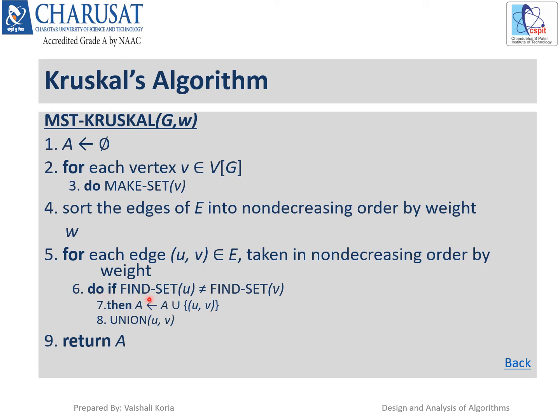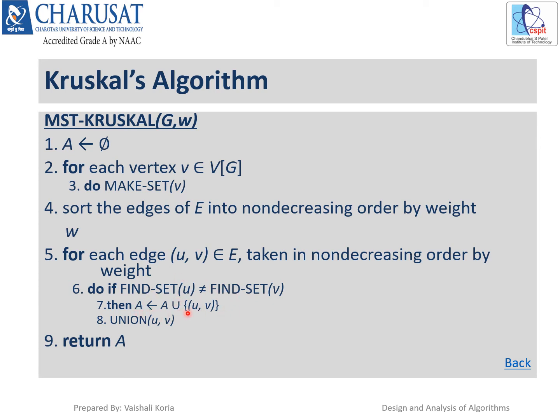Now in the fifth step, for each edge UV which belongs to the set of edges of graph G, taken in non-decreasing order by weight, we have to find the set of U and V. So we will call the condition find set of U and find set of V. If both are from the same set, then that particular edge UV will not be added to the solution set, because it will create a cycle. If the set of U and set of V are different, then and only then the particular edge will be added to the solution set.